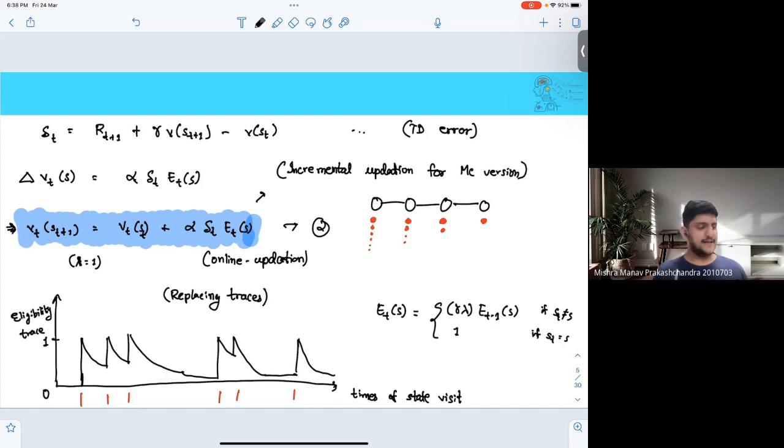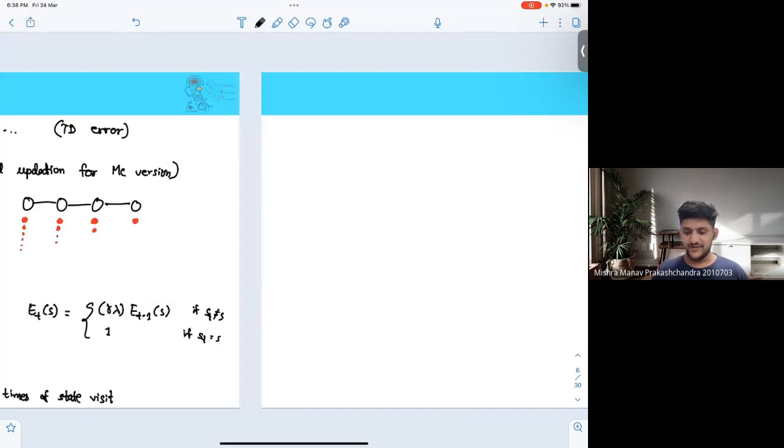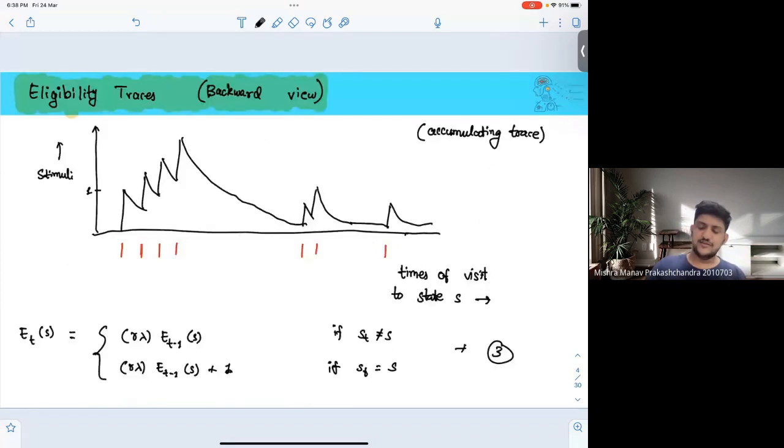Okay. Similarly, there is a third kind of trace which lies in between. Before that, now that I've introduced the incremental update for the Monte Carlo version, just by looking at the accumulating trace and the replacing trace, you would see that the accumulating trace falls under the category of every visit Monte Carlo, right?